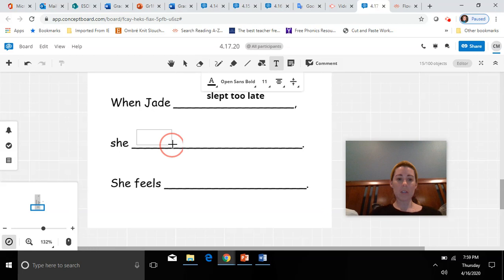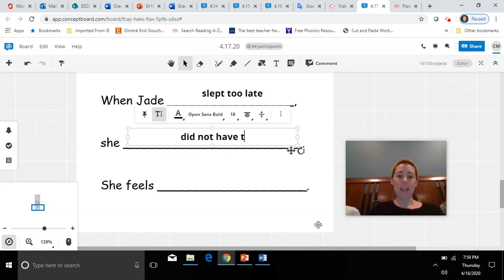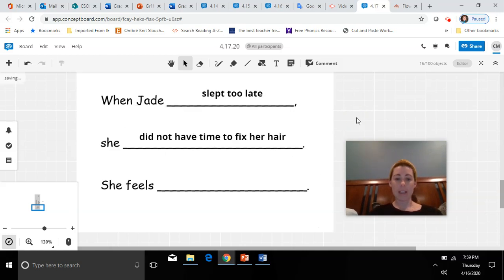Her response for sleeping too late was that she, I already have my she over here, so I don't have to write that again. She did not have time to fix her hair. That is her response. That's how she solved her problem.